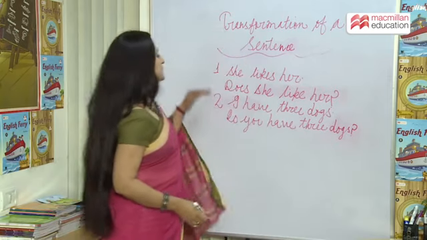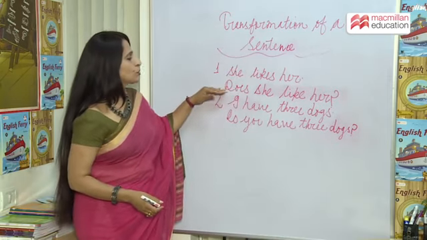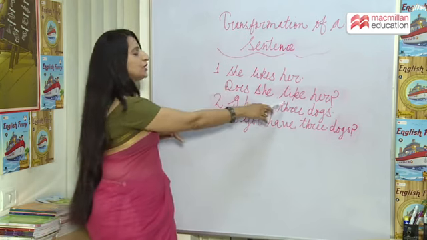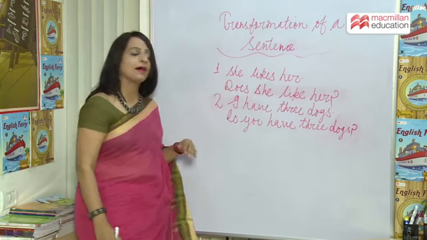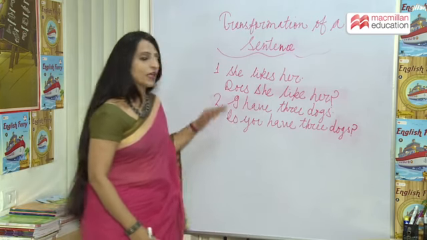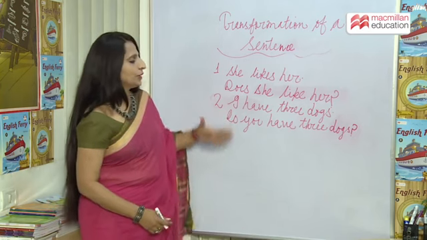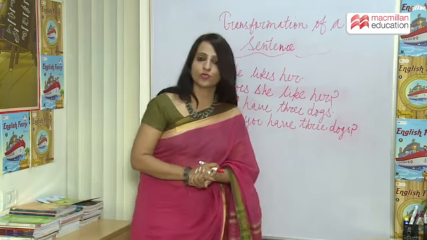So now the statement she likes her has changed into a question as, does she like her? And it ends with a question mark. In the second sentence, I have 3 dogs, we have changed it into a question and it is, do you have 3 dogs? And it also ends with a question mark.